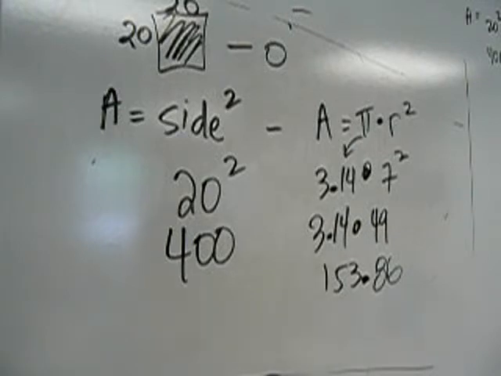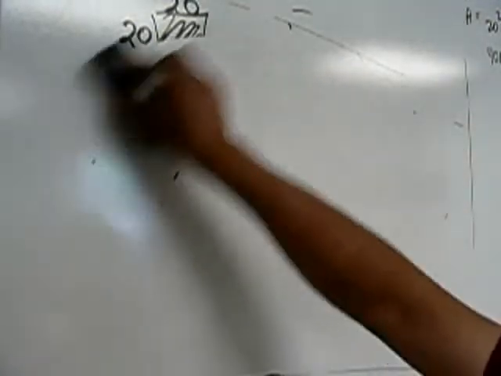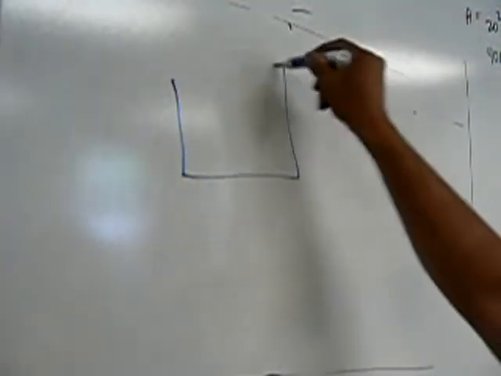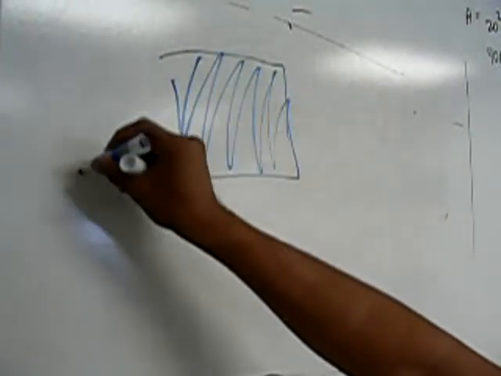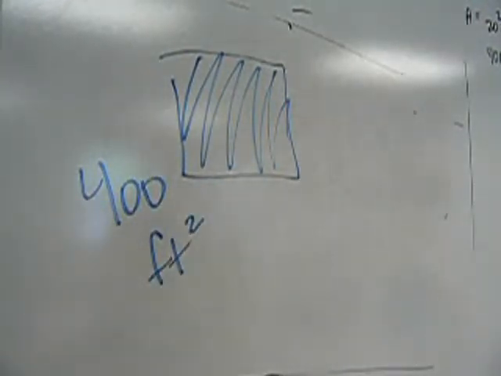So now, let me just erase some of the clutter so that it'll start making some sense. Make sure that everything's all caught up. So then, in other words, what this is telling me is that the plaza would occupy about 400 square feet.